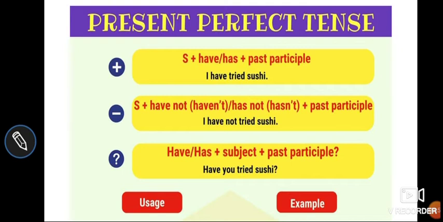So for negative, it is subject plus have not or haven't, has not or hasn't plus past participle. And in the interrogative sense, or the question sense, it is have or has plus subject plus past participle with a question mark. Example, have you tried sushi? So sushi is a Japanese dish, okay, for your information.